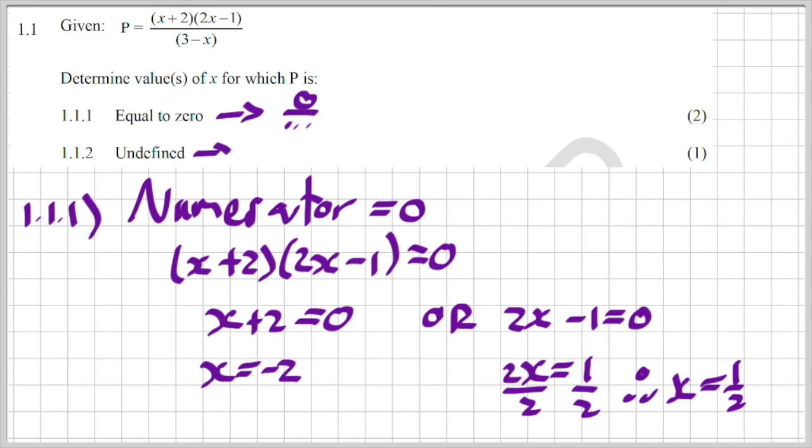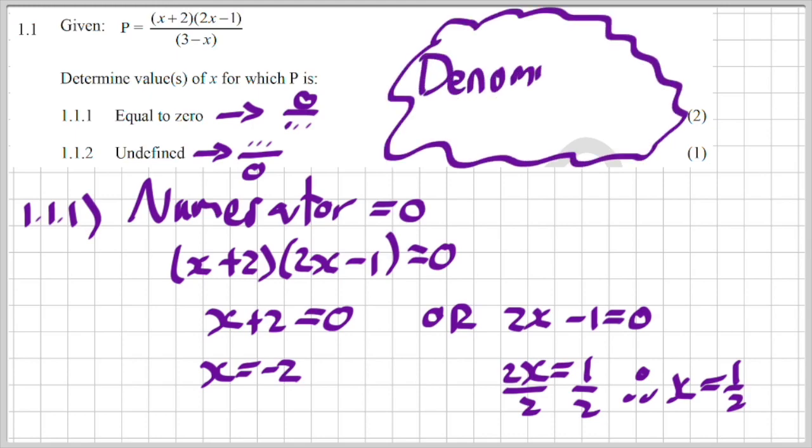So when we talk about being undefined, remember, at this moment of time, you only have one option, and that is dividing by 0. So in other words, your denominator equal to 0. That is where an expression is undefined. But ladies and gents, it's not the only time in all of maths where an expression is undefined.